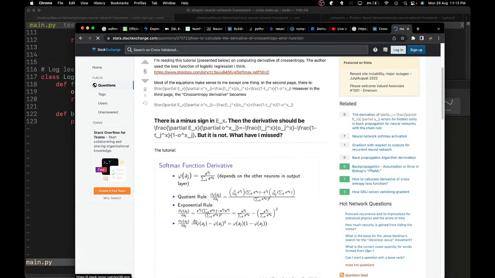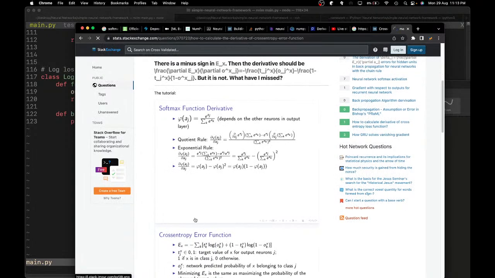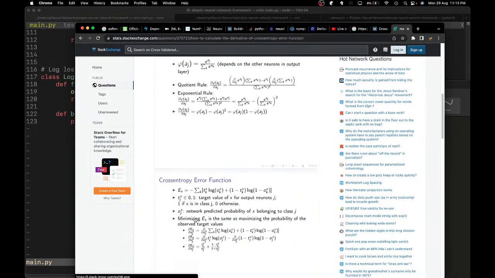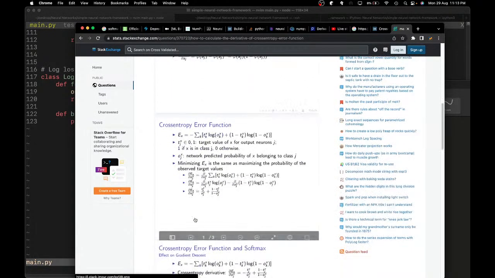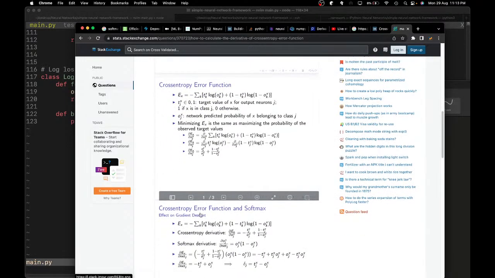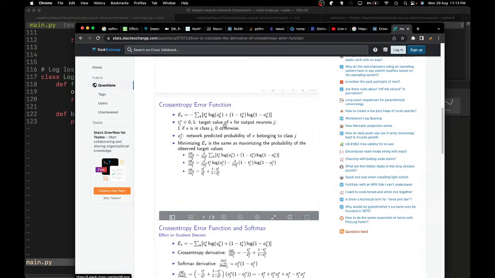All right, so we have softmax. I thought softmax would be difficult, but I was able to do it. Now which is the one that we are looking at? No, this is not the one. Is it this one? No, that's not the one.